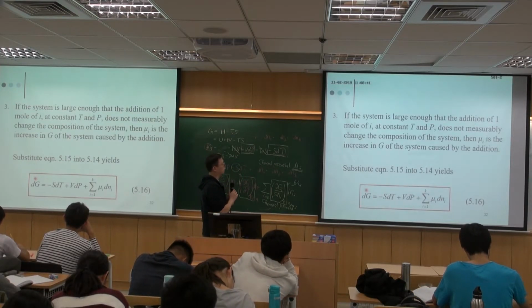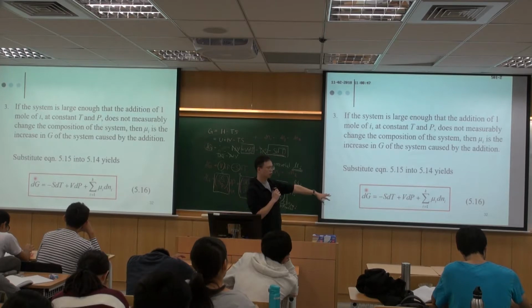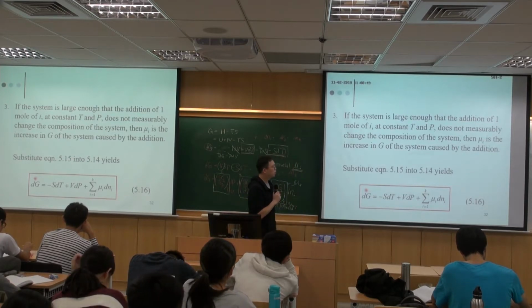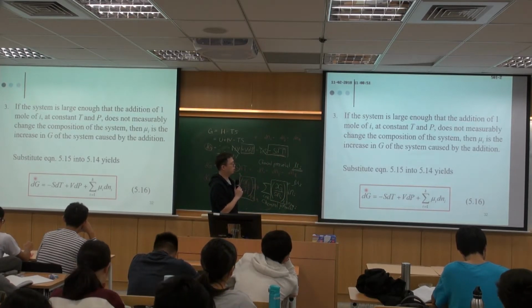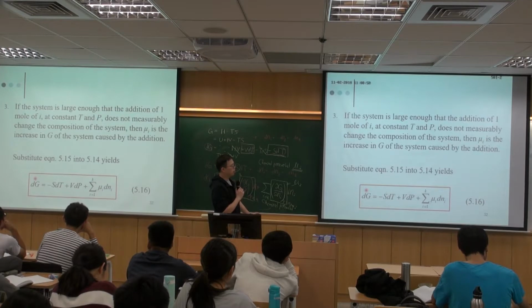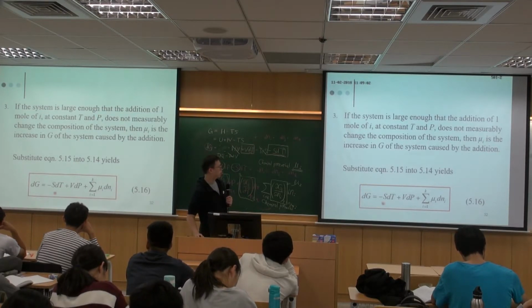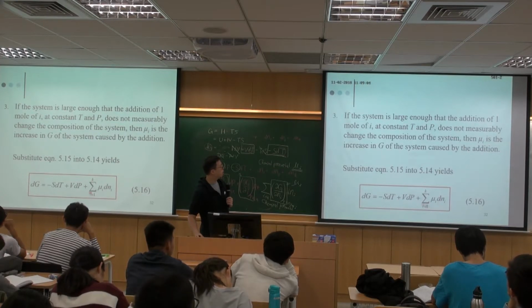Typically we express the total change of Gibbs free energy as something like this. This is the most simplified form. So you have minus SdT and VdP, that's from the macroscopic thermodynamics. But you also have the chemical species change. If you want to take that into account, then you also have this term.